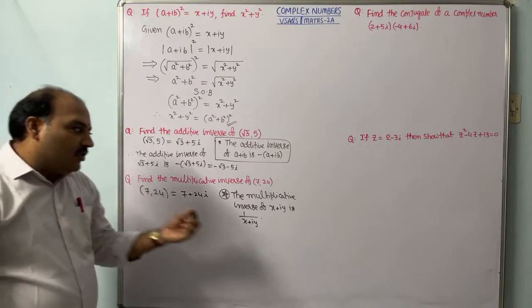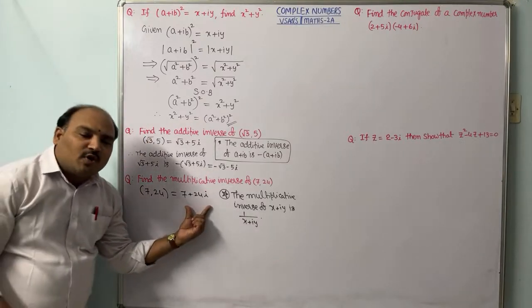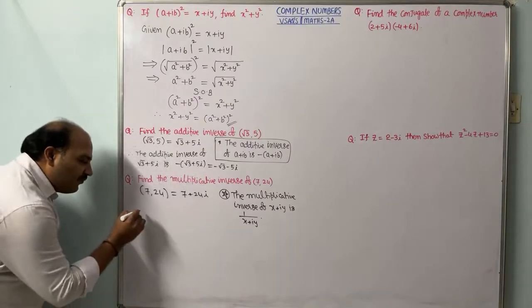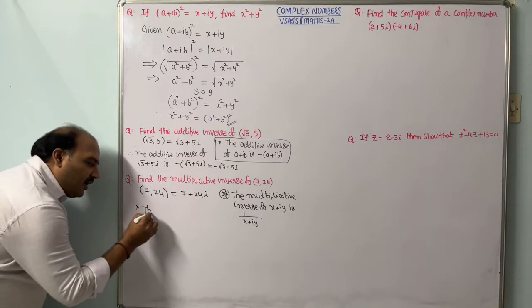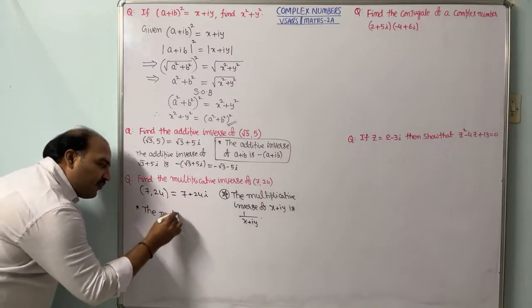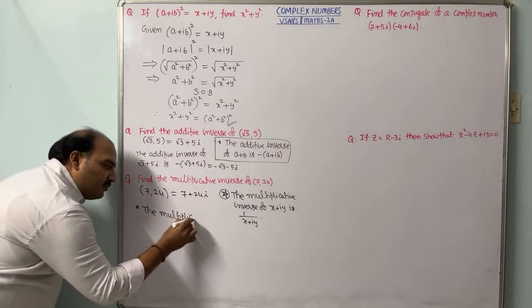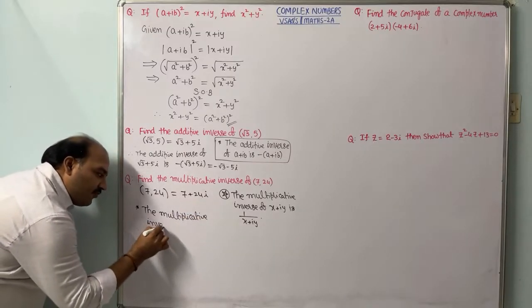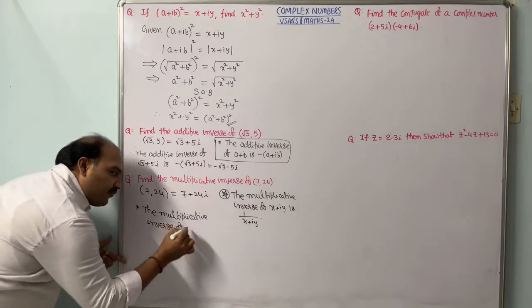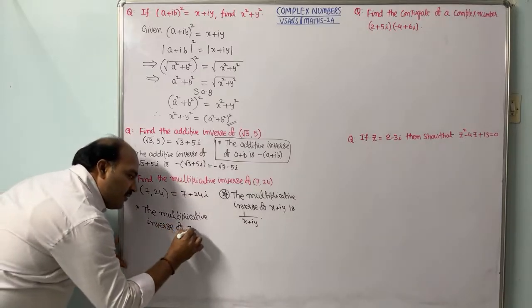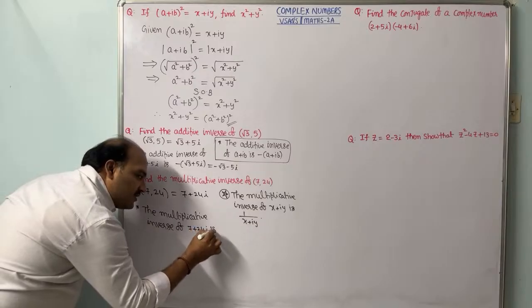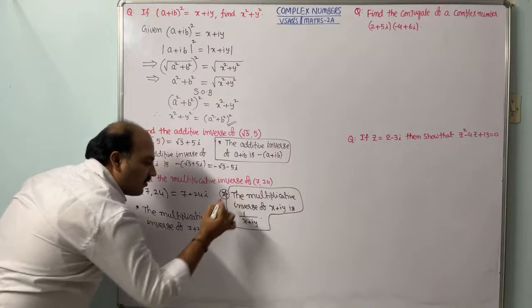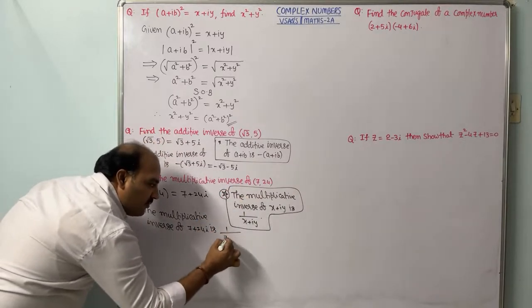So for 7 plus 24i, what is the multiplicative inverse? 1 by 7 plus 24i only, no? The multiplicative inverse of 7 plus 24i is 1 by 7 plus 24i.